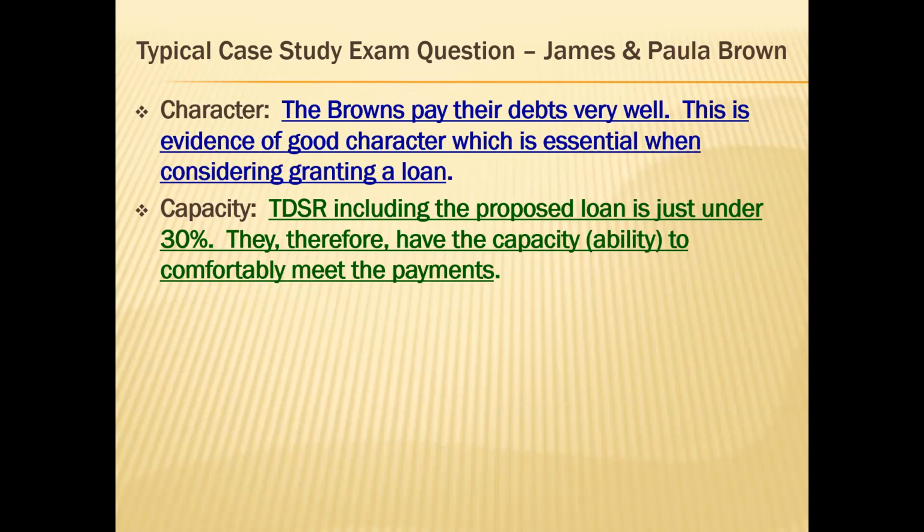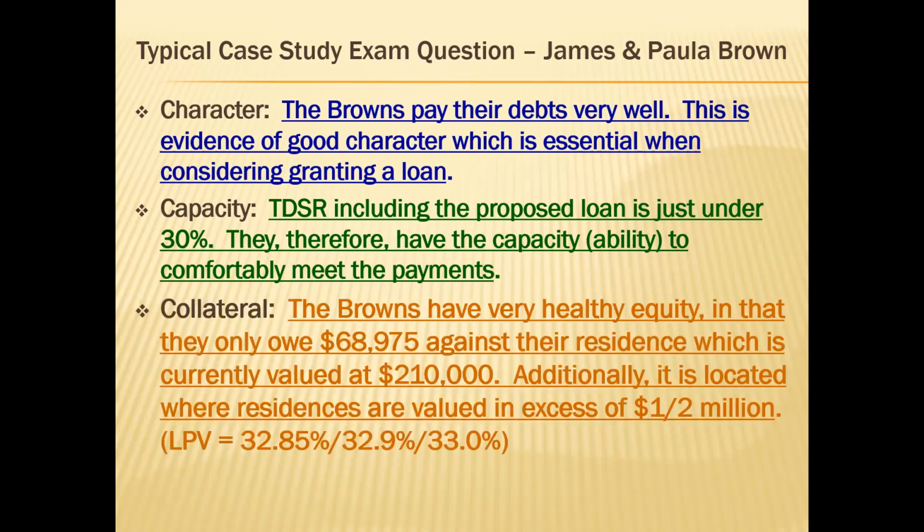When we looked at the value ranges of properties, this property is valued at 210,000, and the upper range they say is in excess of $500,000. So we have three things all wrapped up into one.